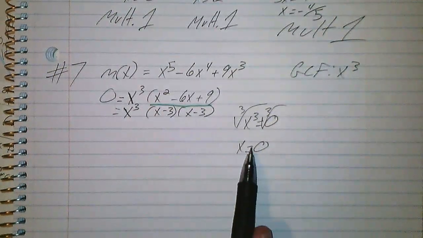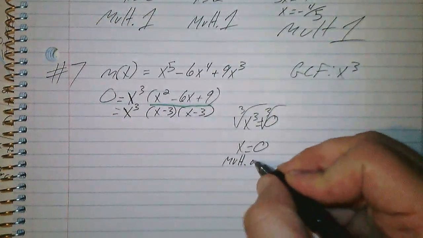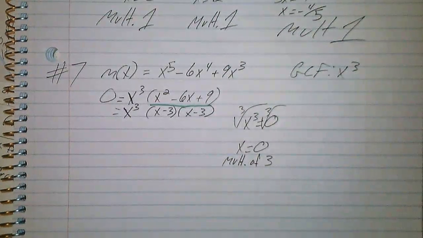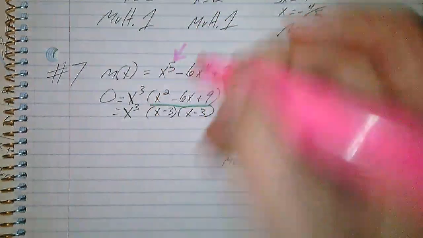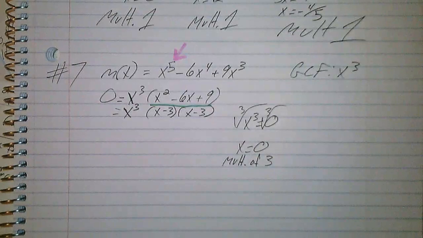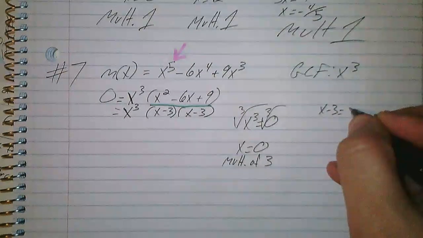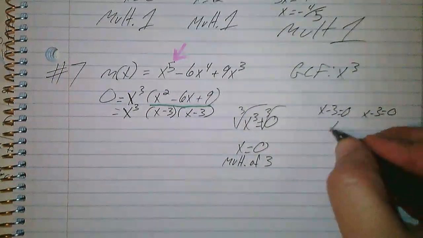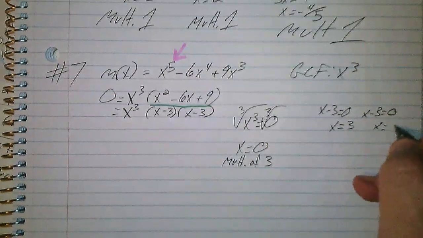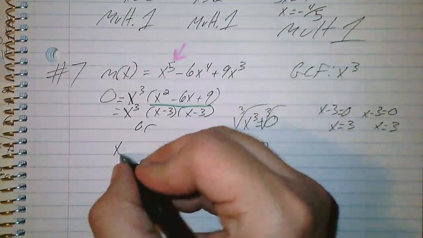But what is the multiplicity of x equals 0? It has a multiplicity of 3. Because I need the sum of my multiplicities to add up to 5. And finally, if I take each of my x minus 3 factors and set them equal to 0, I get x equals 3 twice. Oh, now maybe you thought about it like this. Let me take a second.